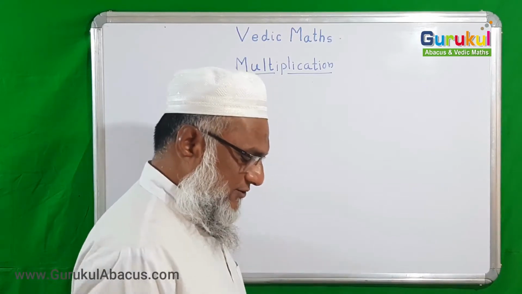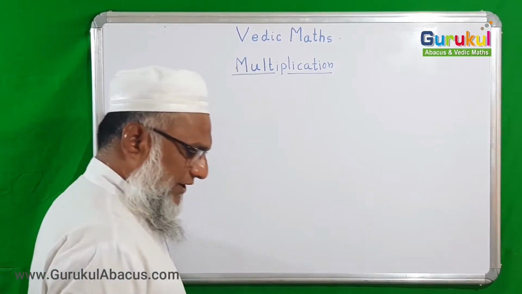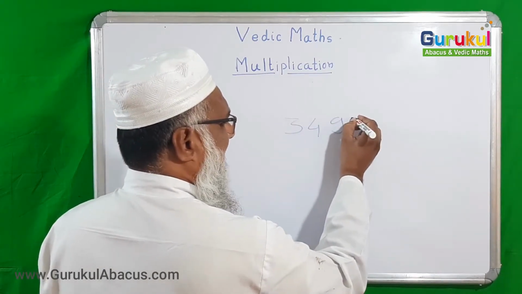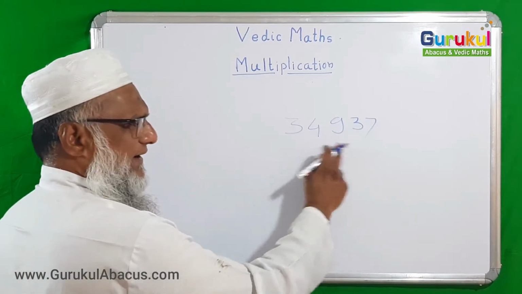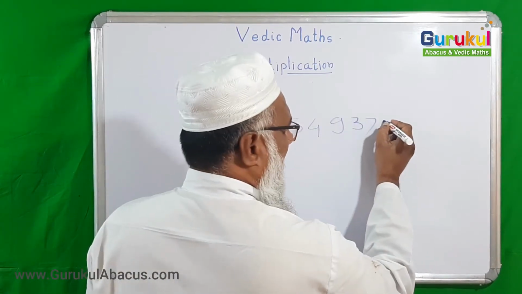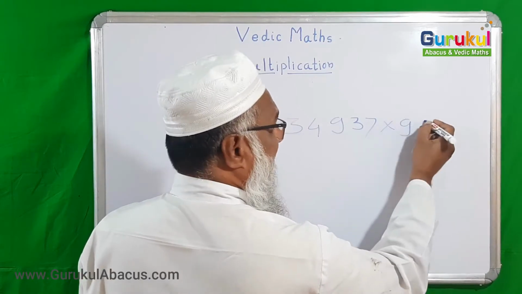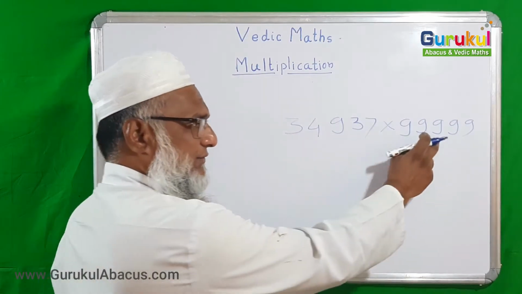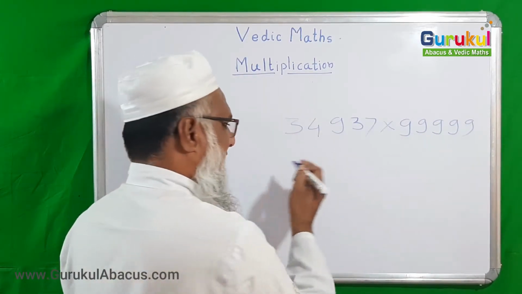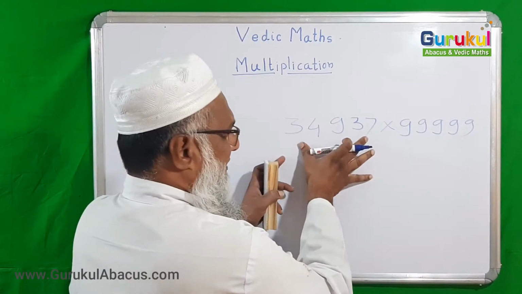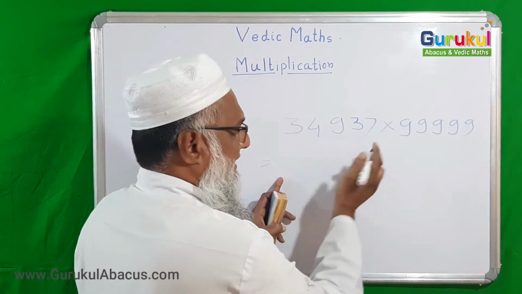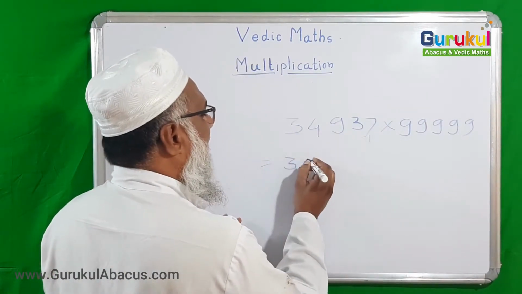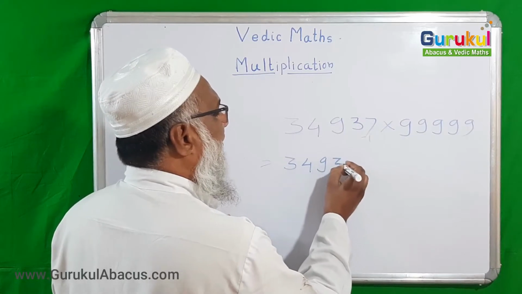One more example we are taking, so your understanding will be clearer. Now the example is 34,937, a 5-digit number. I am going to multiply it with the 5-digit greatest number, 99,999. So what to do? Write the first number as it is, just lessing 1. So I write 3, 4, 9, 3 and 6.